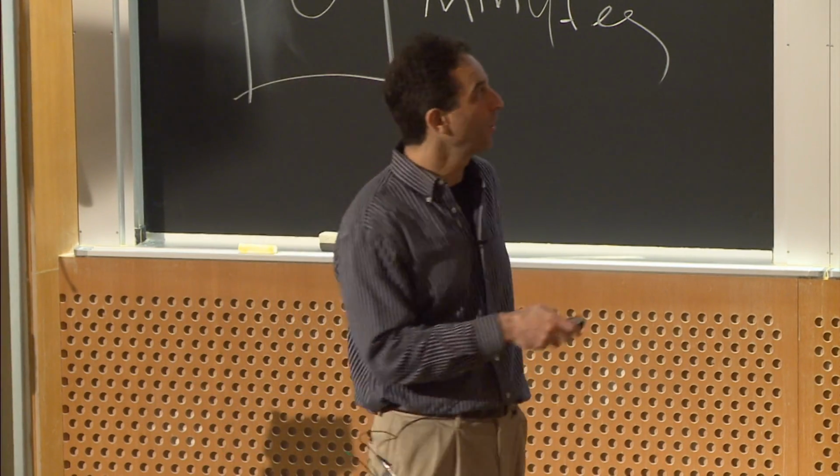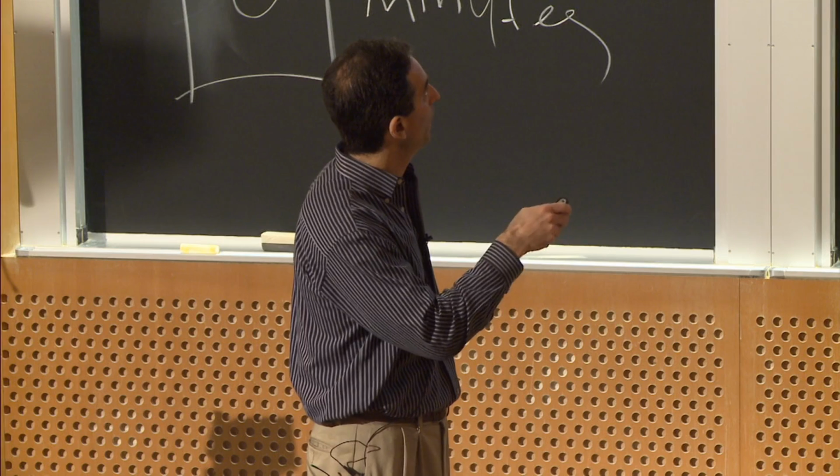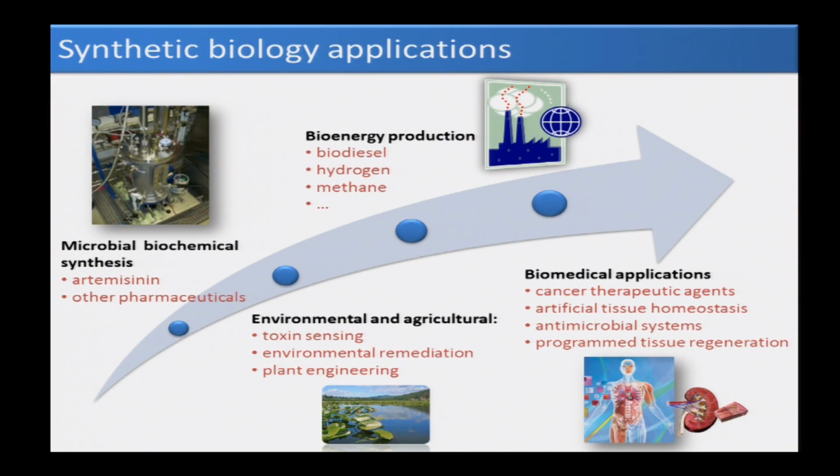In synthetic biology, the initial emphasis has really been on what we can do with microbial communities or individuals, for example, for synthesis of high-value compounds. I mentioned bioenergy and environmental applications as well. That was most of the emphasis.